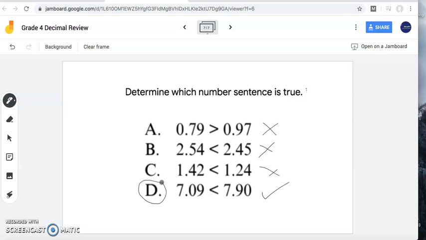It might say, here's 8 problems, okay? Now, out of these 8 problems, please select 3 correct answers. That means you're going to check off 3 boxes that represent the correct number sentences. As always, when you're completing these problems today, please, please, please read the directions, okay?